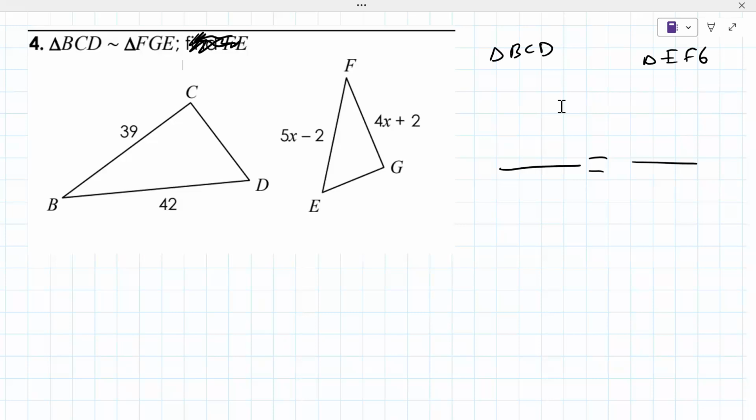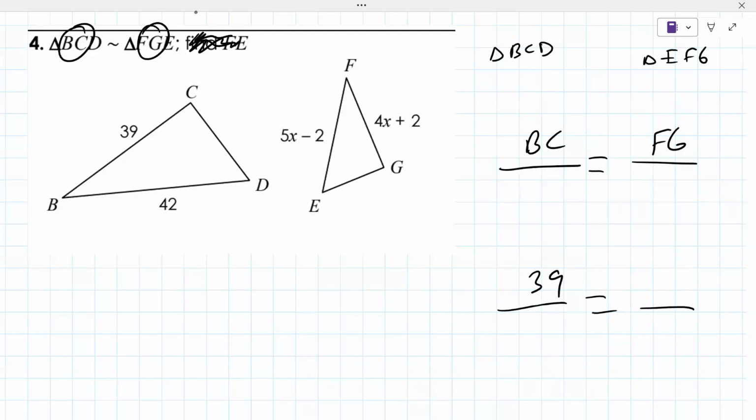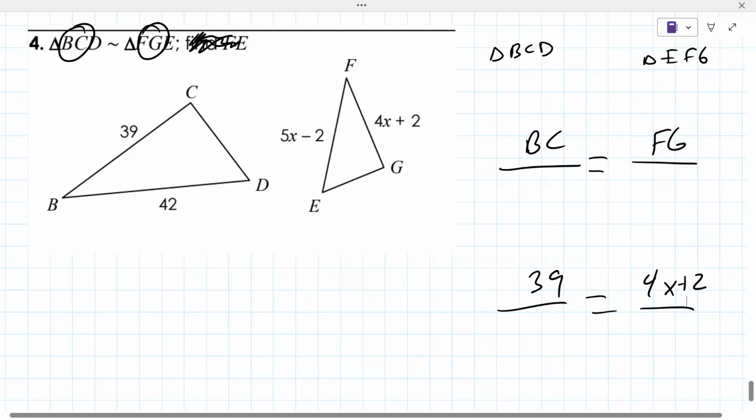All right, I've got a question here. Of course. So B to C and F to G would be like the first one, right? So I got 39 on top, and on the other side, I've got 4x plus 2. Good, good. Now, I didn't know if this would be confusing or not, but you could build two proportions where you put the letters first and then the things.